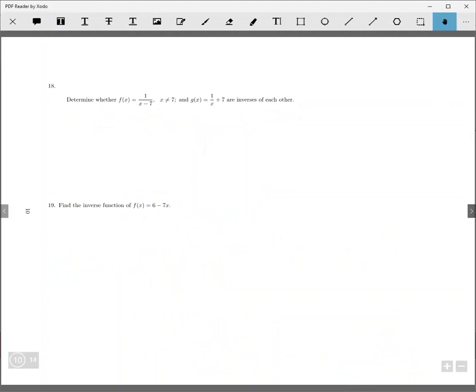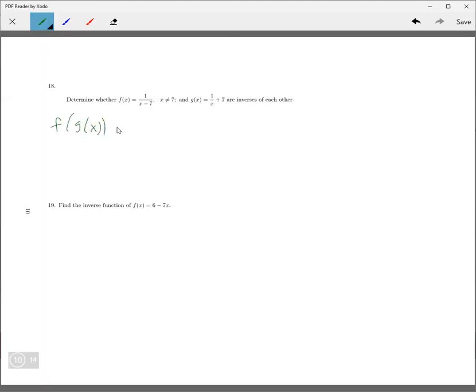Okay, number 18, determine whether these are inverses of each other. So we do the same thing here. F of G of X, that would be F of, just replace this G of X with 1 over X plus 7. Okay, and then you put this 1 over X right here.